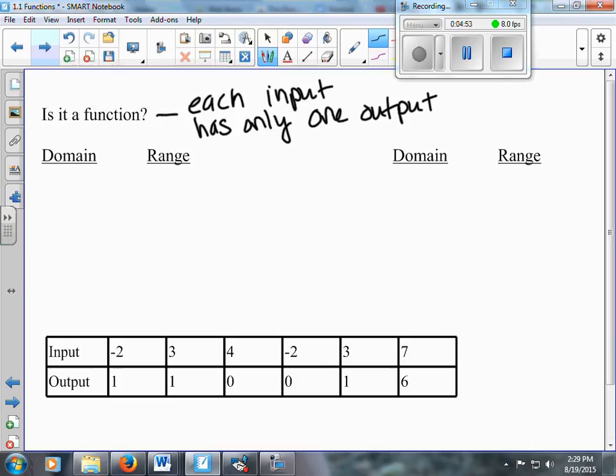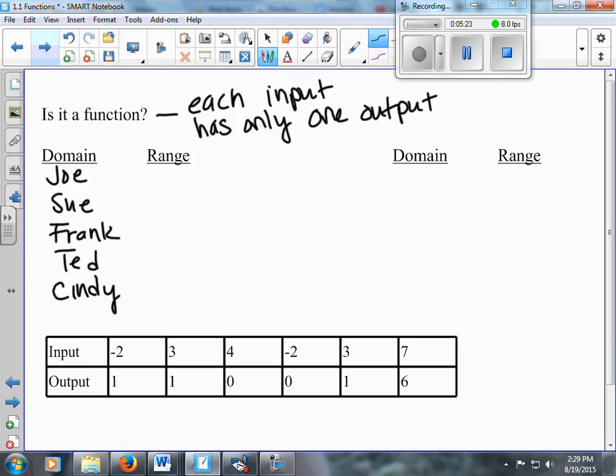So I'm going to fill out some values here, and then we can decide if it's a function or not. So, and domains and ranges don't have to be numbers. Let me do this first example kind of crazy. Let's assign people to colors. So I'm going to give some people's names: Joe, Sue, Frank, Ted, Cindy.